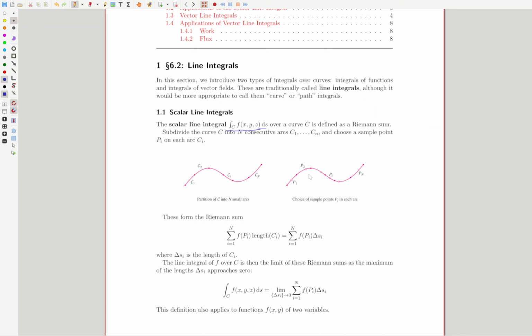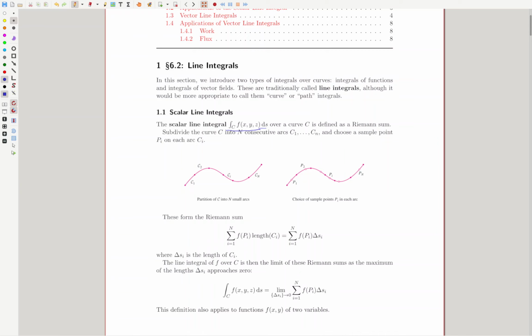So you start with a curve C, and you subdivide it into portions, and within each portion you pick a representative, these pi's, which would give you the value on the segment, and then you would sum up.